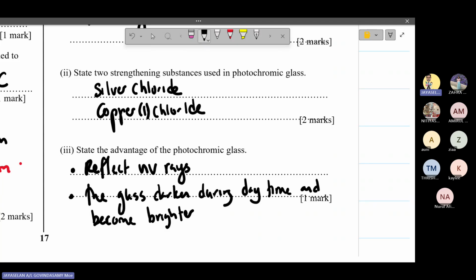Brighter or clear? Clear, right? Okay, clear. I take Raif's answer. It becomes clear or brighter during what time? During night time. Your car tinted, high-rising building glass windows, all made up of photochromic glass. Any question? So far, understand?